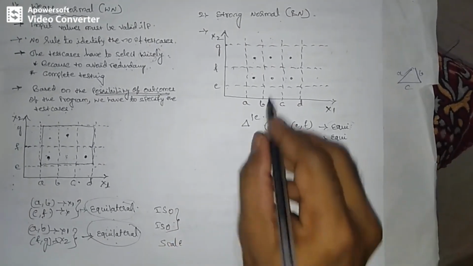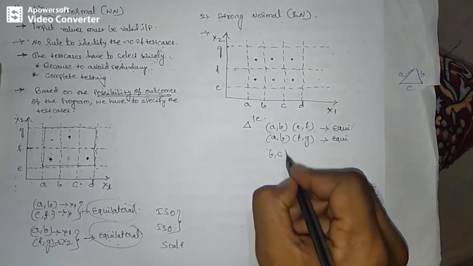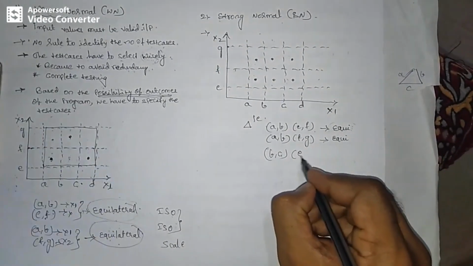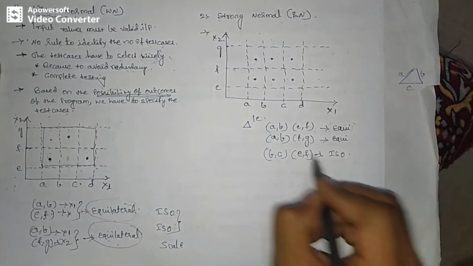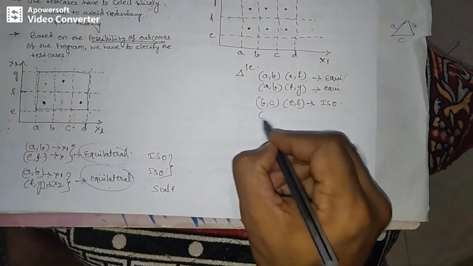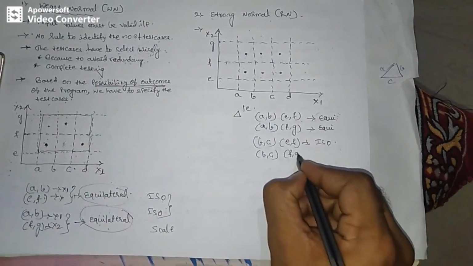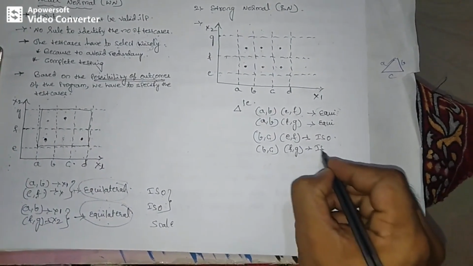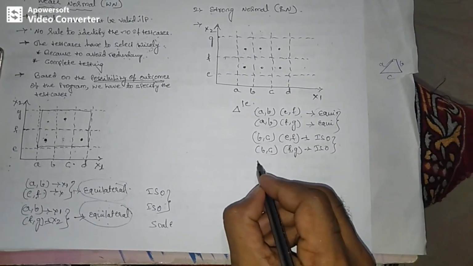Next I select the partition B to C and E to F. Now my output result might be an isosceles triangle. Then one more partition I will select, that is B to C and F to G. I'm going to get the same output result, an isosceles triangle.